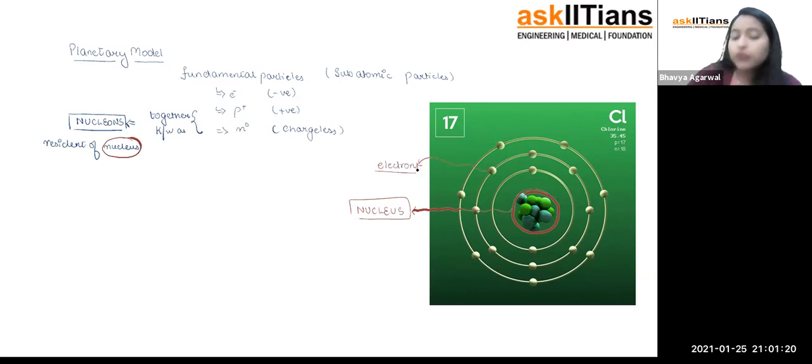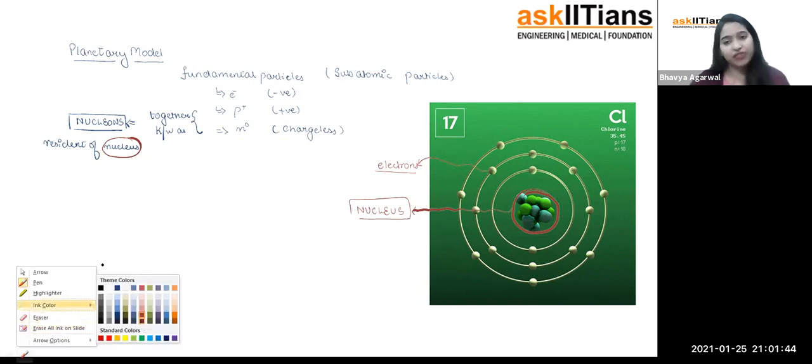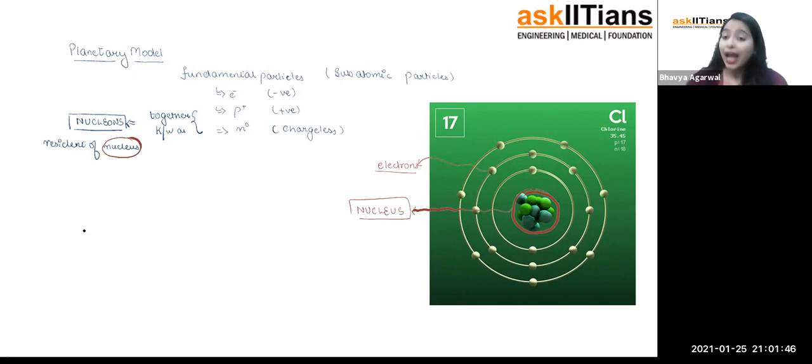So what happens to electrons? They revolve around the nucleus. Now, why are they revolving? Is it just a random number of electrons revolving around the nucleus? No. There's no random number. This number is quite specific in nature. And that specific number is obtained by a rule known as the 2n square rule.